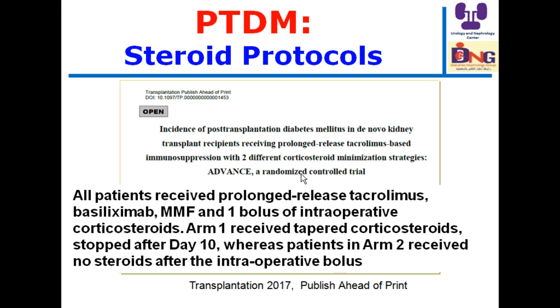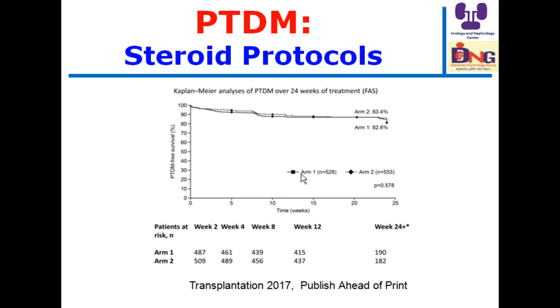Arm 1 received tapered corticosteroid, stopped after 10 days, whereas patients in Arm 2 received no steroid after the intraoperative bolus. And in this study, a prolonged release tacrolimus, Basiliximab, MMF immunosuppressive regimen is effective with a low incidence of post-transplant diabetes. This is the development of post-transplant diabetes in both arms of steroid minimization, either tapered over 10 days or not given after the bolus.